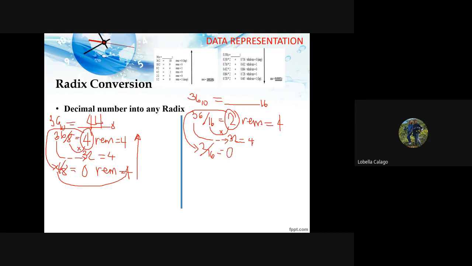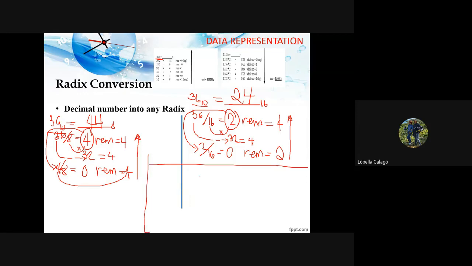So automatic 0 siya. Remainder mo is the numerator which is 2. Then stop na po tayo because the numerator is now less than denominator. So from bottom to up, then your answer is 24. O tingnan nyo, even though that our given is the same, pero iba naman i-convert natin, so iba-iba po yung kanilang answer. Okay?